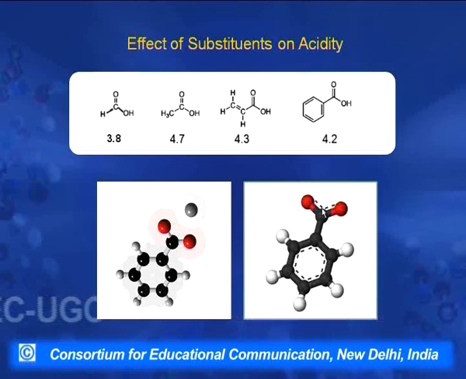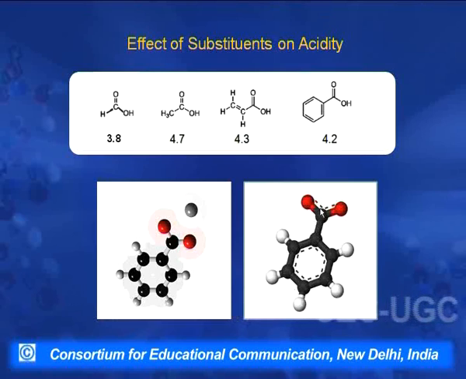Now, this carbon is sp2 hybridized, and this carbon of the benzene ring is also sp2 hybridized, but this carbon is attached to 2 more electronegative oxygen atoms, and this is a p orbital, this also has a p orbital. It is overlapping on this side, this is overlapping on that side, but what happens? They also overlap with each other.